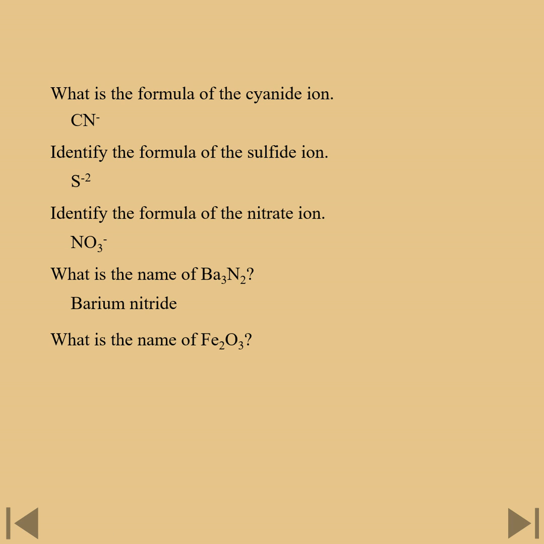Three -2s is -6. And -6, of course, must be balanced by +6. When we divide that by the 2 irons, each one is +3 for iron, Roman numeral 3, oxide.